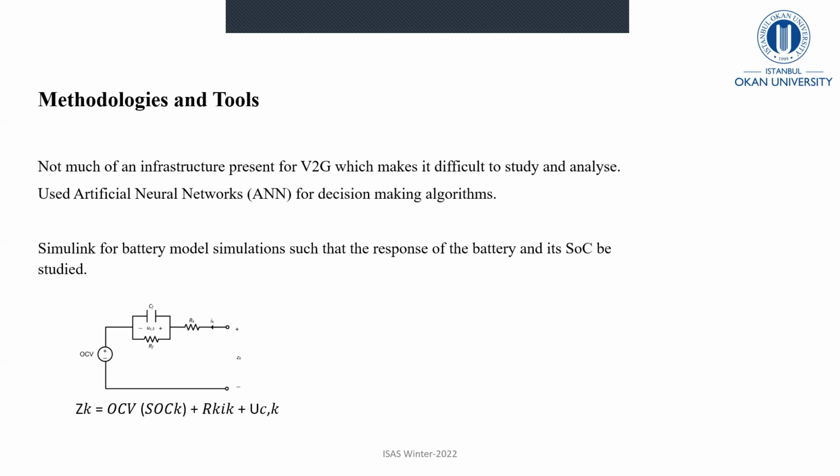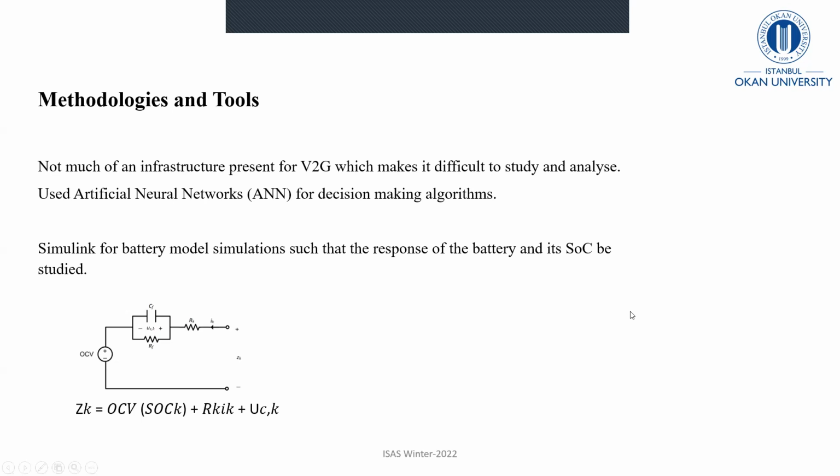Now, coming to the methodology. Not much infrastructure is present, as I mentioned, so we need to analyze it through algorithms. We need some decision making, and to train that, we need the RNN ANN. For our model, we need a battery storing a particular amount of charge.